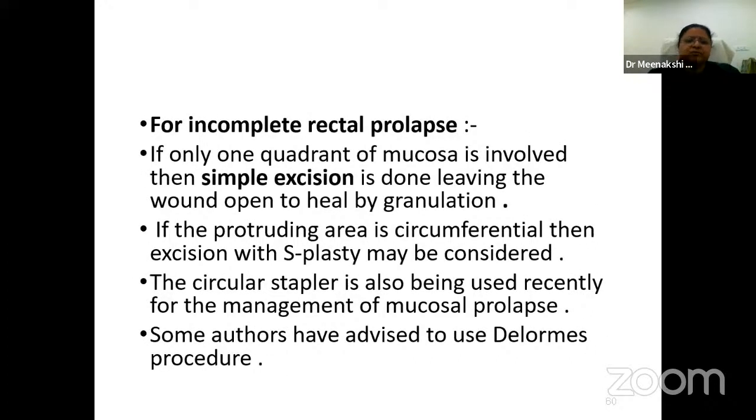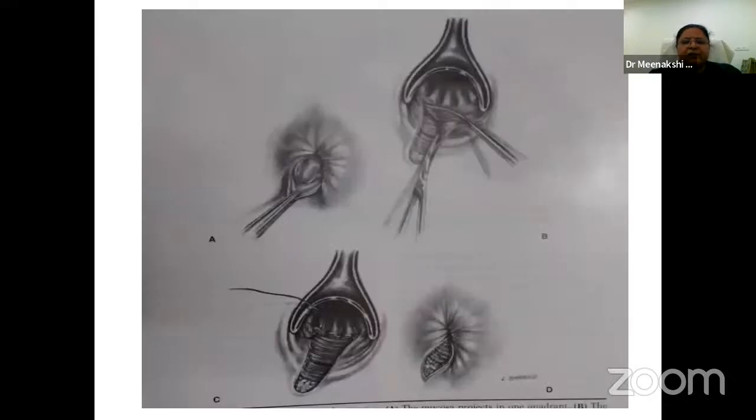Now, what are you supposed to do for incomplete rectal prolapse? If only one quadrant of the mucosa is involved, then simple excision is done, leaving the wound open to heal by granulation. And if the protruding area is circumferential, then excision with S-plasty may be considered. And the circular stapler is also being used recently for the management of this mucosal prolapse. And Delorme's procedure can be adopted.